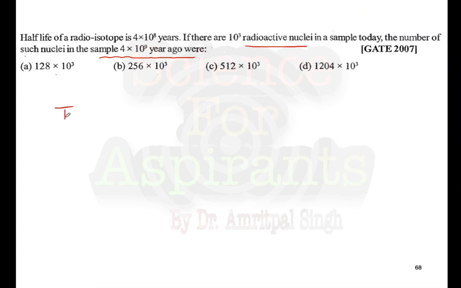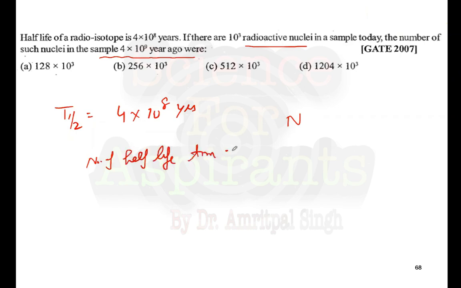So T half is given, that is 4 into 10^8 years. The number of half-lives, so you can calculate N over N naught, because this is the starting time. The number of half-lives is 4 into 10^9 over 4 into 10^8, the half-life.